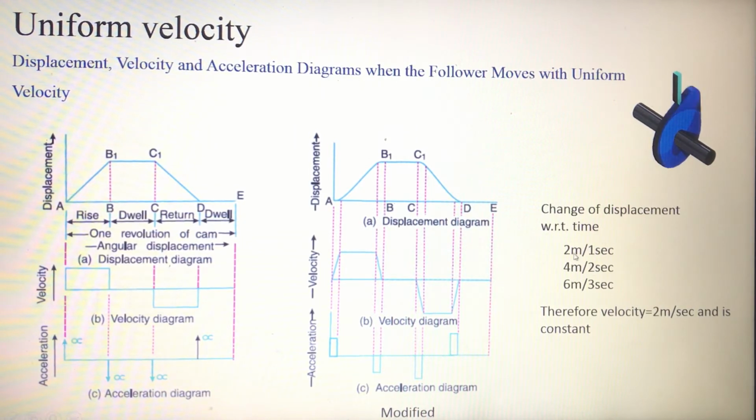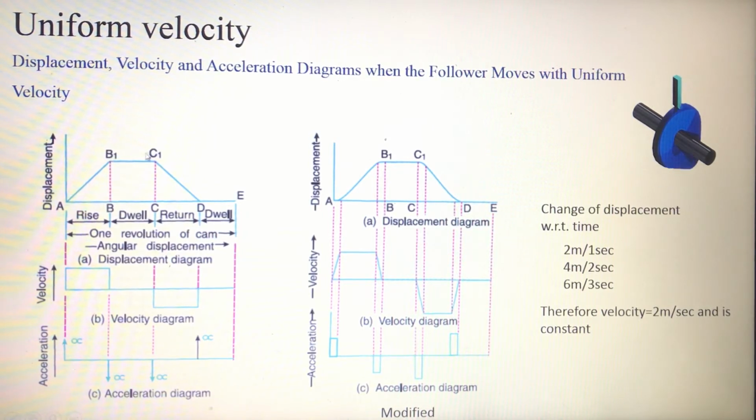The displacement is increasing gradually, but the velocity is constant, because velocity is equal to displacement divided by time. So 2 meter divided by 1 second is 2 meter per second. 4 meter per 2 seconds is again 2 meter per second. 6 meter per 3 seconds is also 2 meter per second. So the velocity is constant, but the displacement increases linearly during the rise.